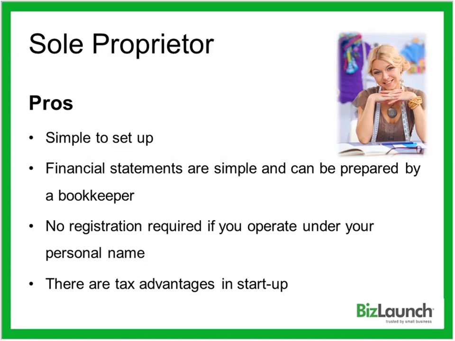And there are a couple of tax advantages. So let me explain to you. Let's say you're working for a boss at the moment, and you're going to start a business. What often happens in the beginning stages of a business, we have quite a lot of expenses. We have things that we spend money on. So let's say I've started my business this year, and I've incurred expenses of $10,000, okay?